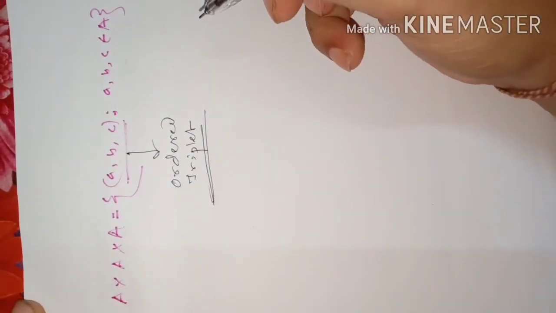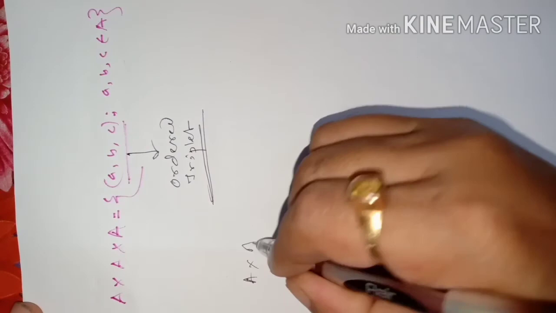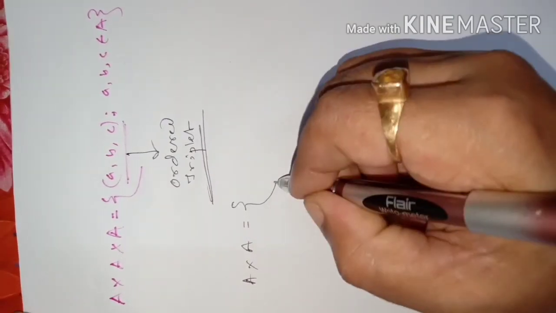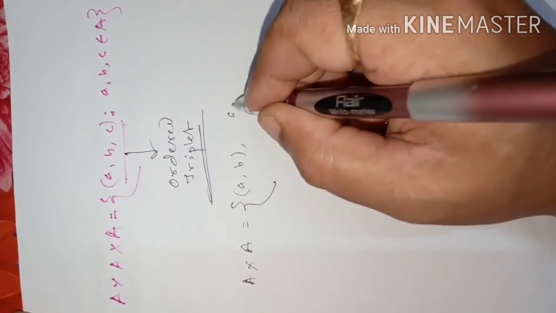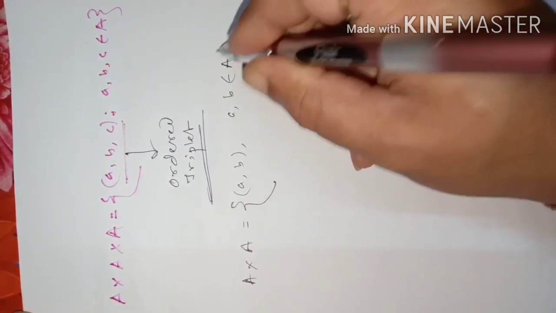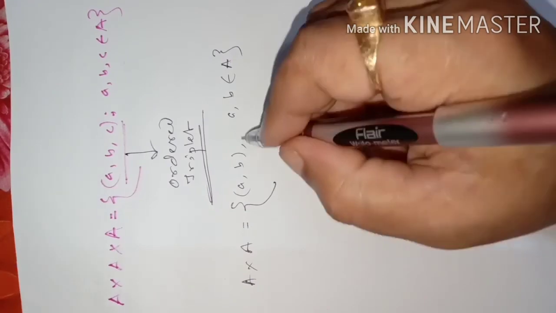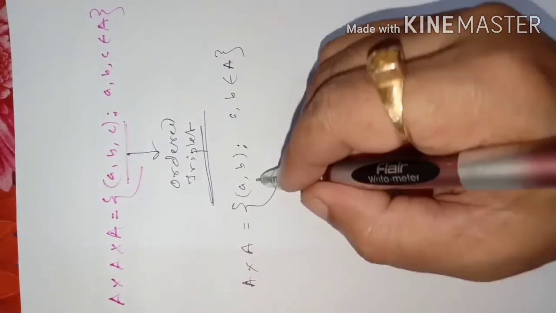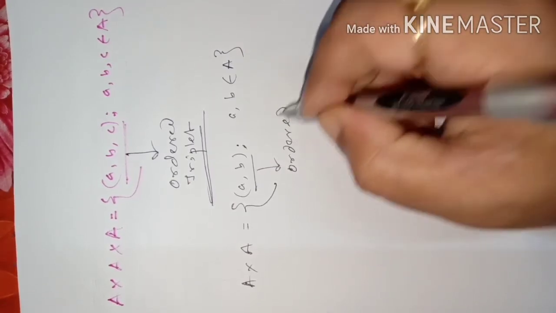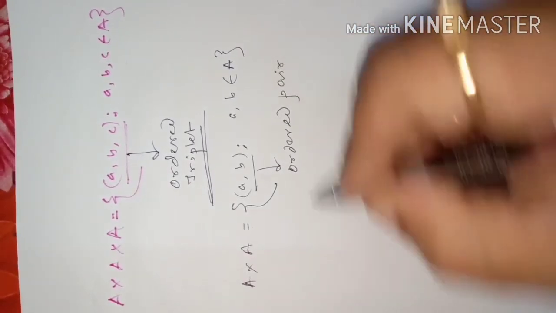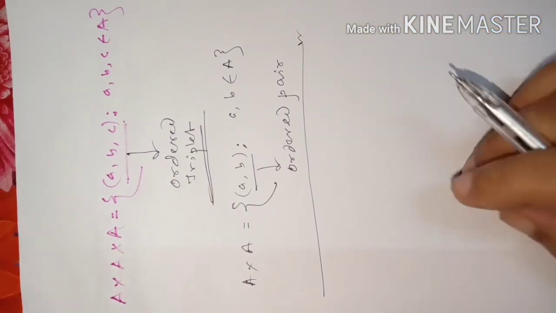Got the idea? If you find A cross A, then A comma B will be there, where both A, B belong to A. Then this will be called an ordered pair. Ordered triplet, ordered pair. Clear, students?